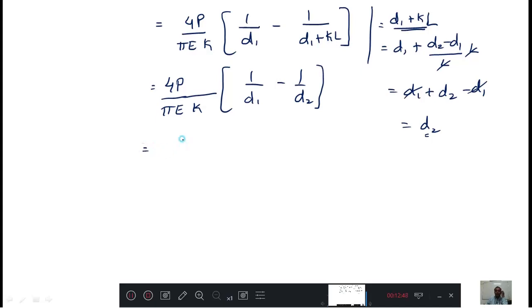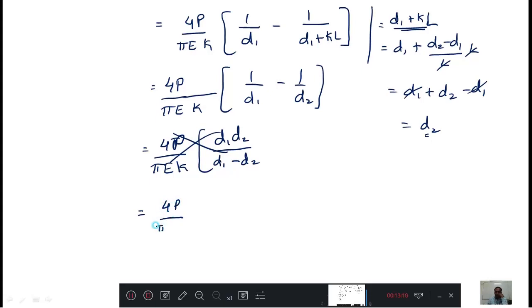Okay, now I will take an LCM. 4P by pi E k into d1 d2 divided by d1 minus d2. Sorry, reverse it, because 4P by pi E k into here d1 d2 and here it will be d2 minus d1.